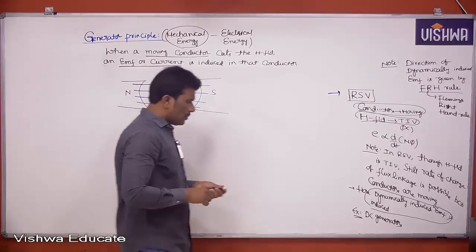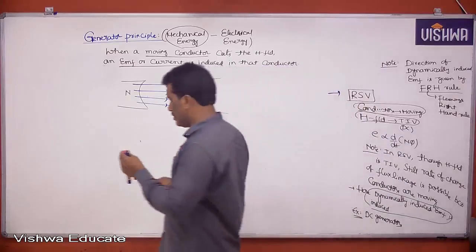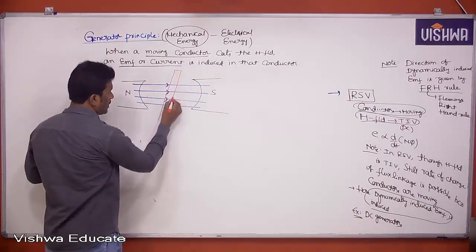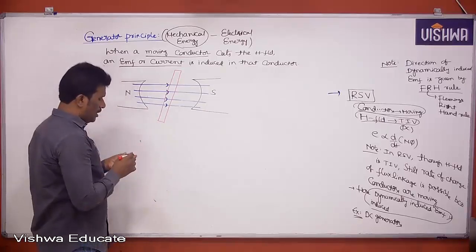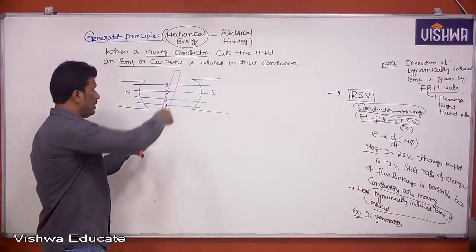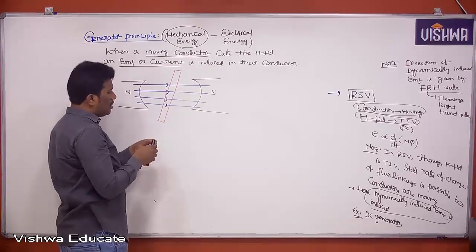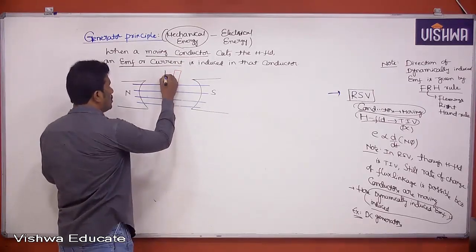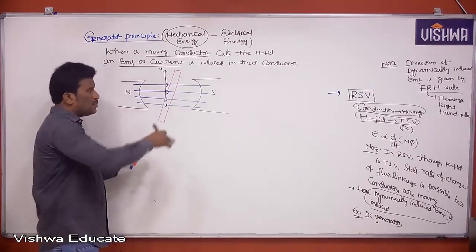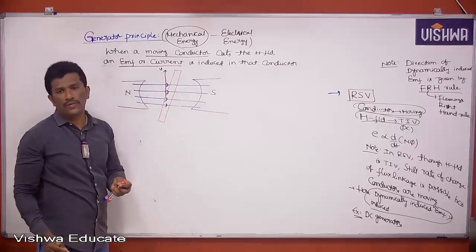And let me take a conductor here. We take a conductor and provide mechanical energy to this conductor. Let me move this conductor in this direction with velocity small v.